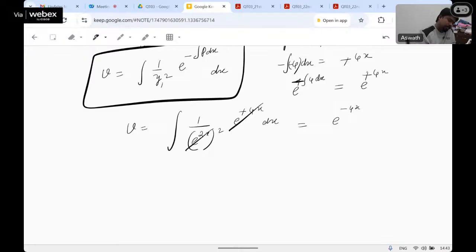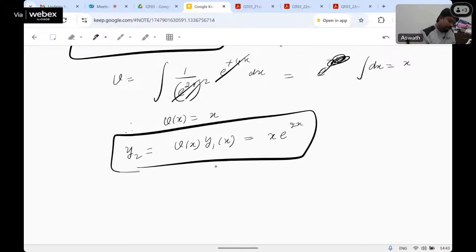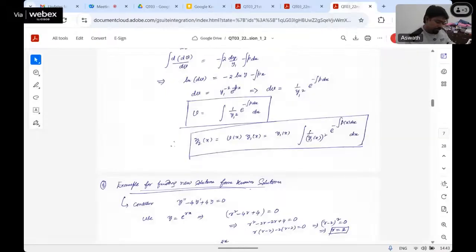So this gets cancelled, and what is left is integration of dx, which is simply x. Therefore, v of x is x. So y2 is v of x into y1, which is x into exponential 2x. So knowing the y1 solution, I generated another solution using this integrating factor. Okay, right? Fine. So let me go to the next scenario.